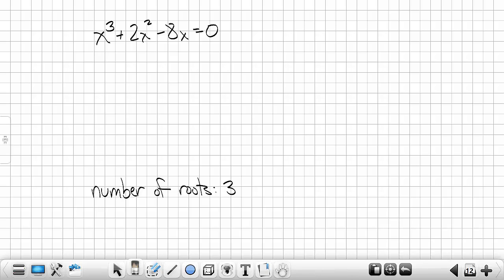So, guys, if I want to factor this, first thing I need to look for is there something I can pull out of every single term?